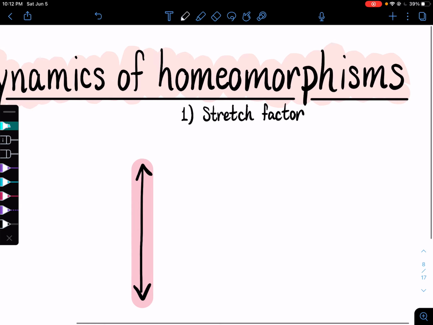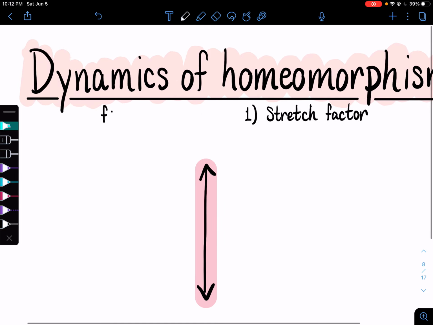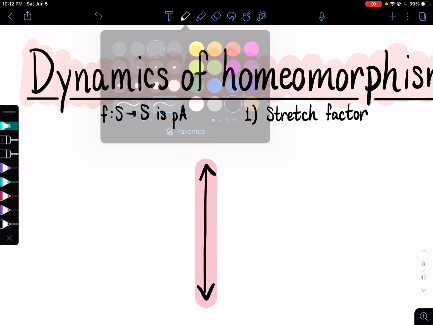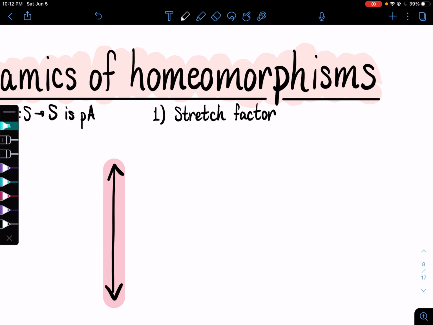So if we have F from S to S is pseudo-Anosov, let me denote this PA, so I don't want a space there. Then this stretch factor we often denote by lambda of F. This is some real number greater than 1.